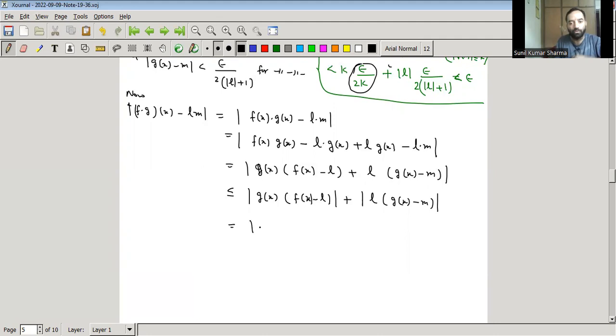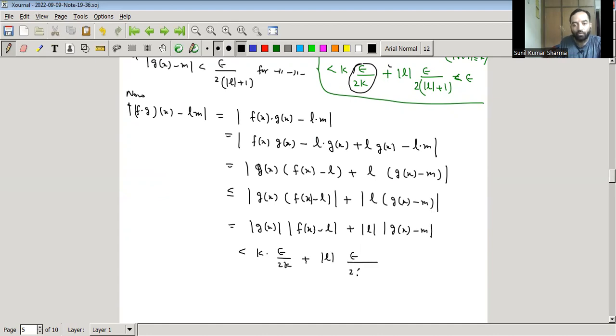This is equal to mod g of x into mod f of x minus L plus mod L into mod g of x minus M, and this is less than k into epsilon upon 2k plus mod L into epsilon upon 2 into mod L plus 1.